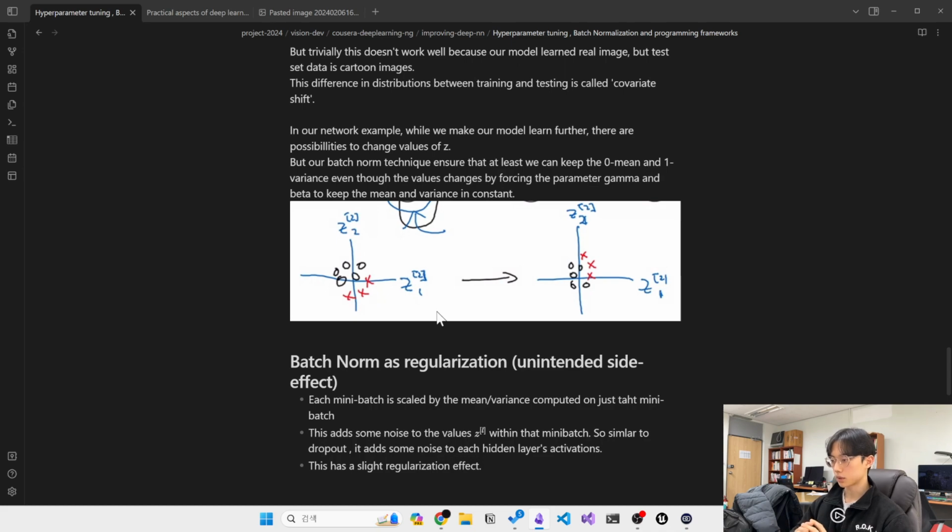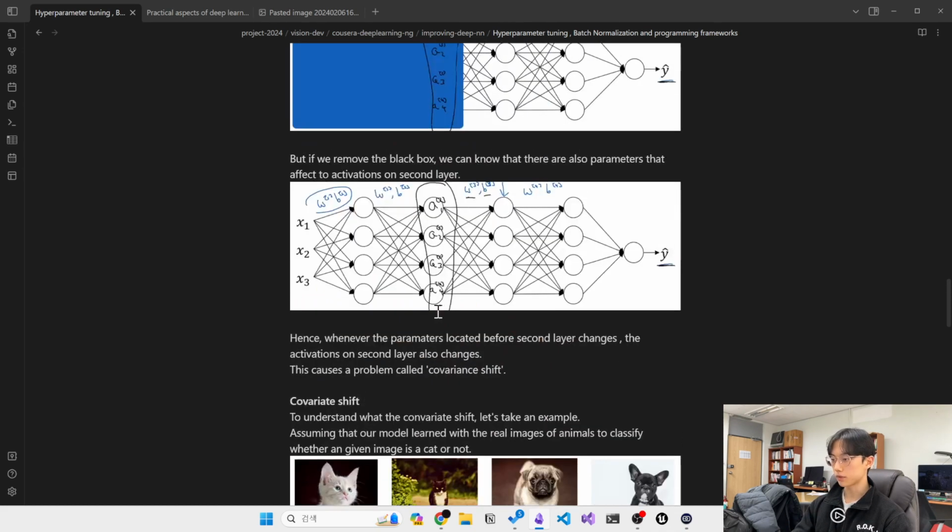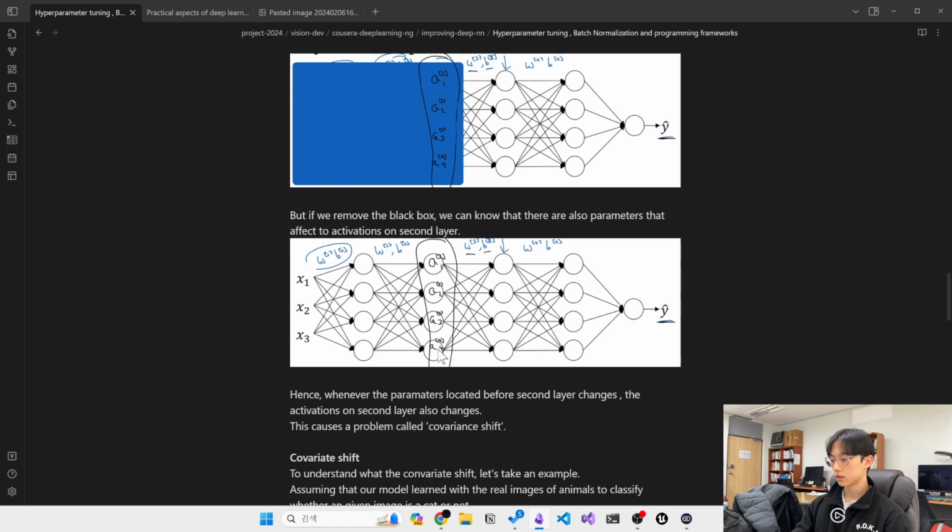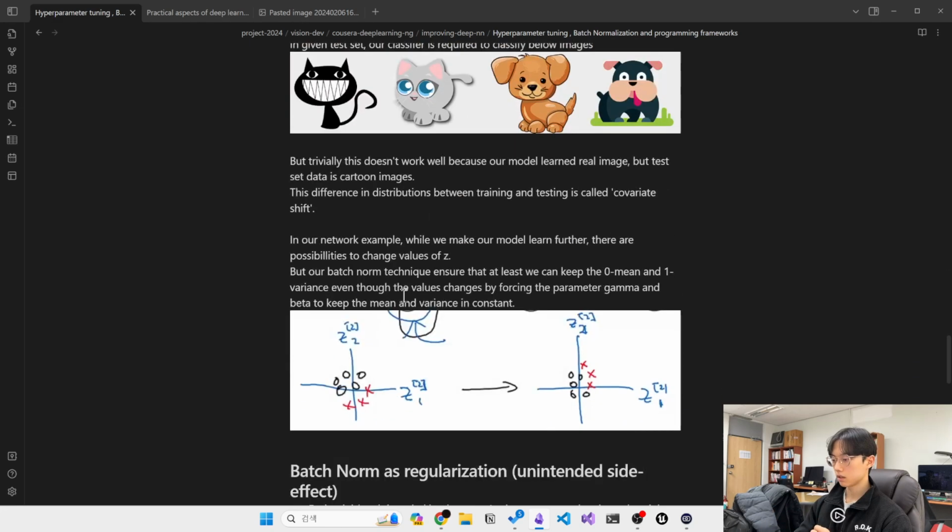Also in our neural network example, if we update W and b in each of the learning steps, the values can change.